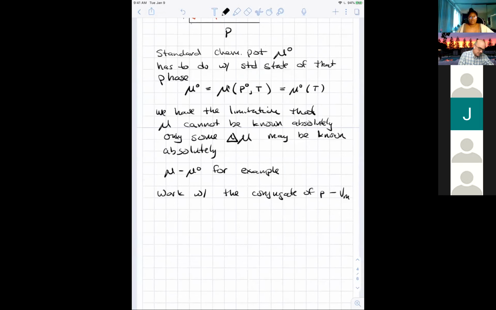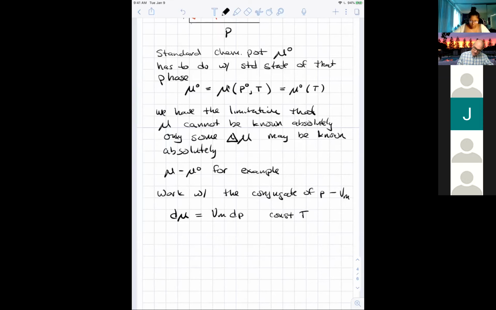So let's break out that partial derivative, right? And then we can say d mu is Vm dp, right? And this is at constant temperature. So the change in the chemical potential with the pressure change is proportional to the molar volume, right?